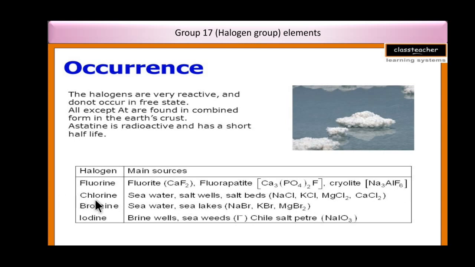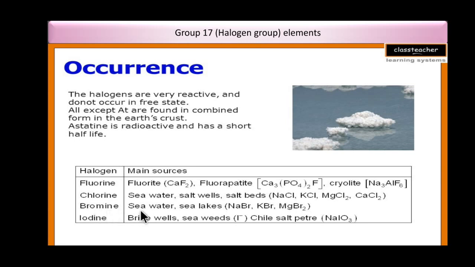The main source of chlorine is seawater, salt wells, and salt pits. The compound sources are sodium chloride, potassium chloride, magnesium chloride, and calcium chloride. These are 1+ state metals, and these are 2+ state metals.